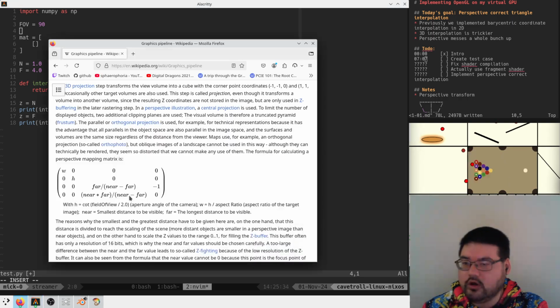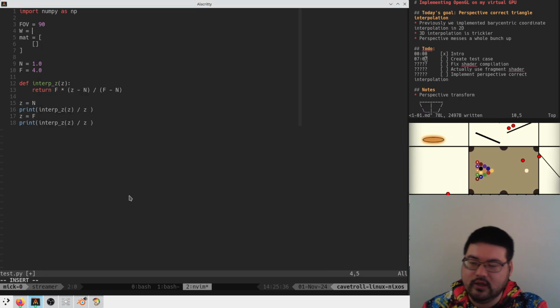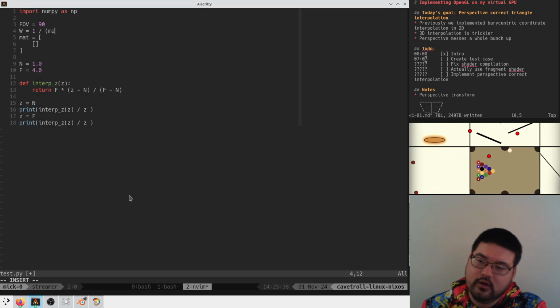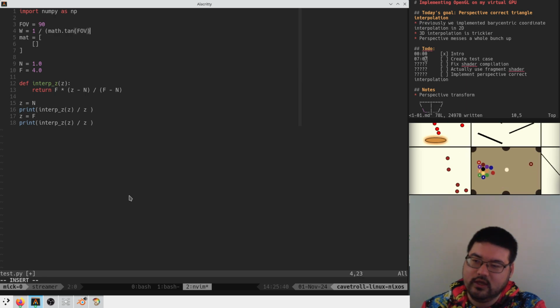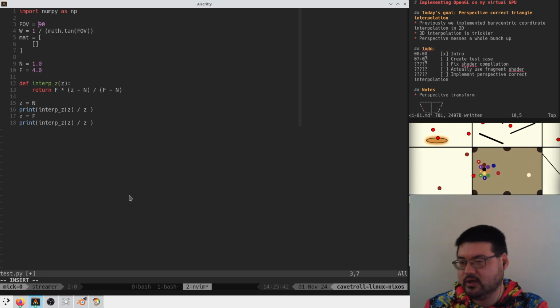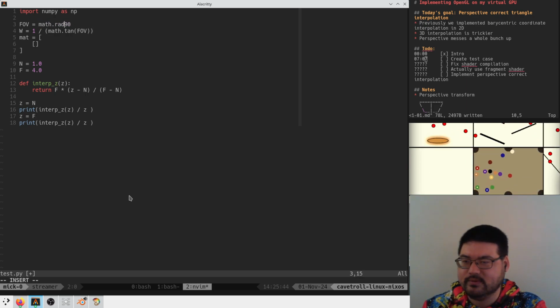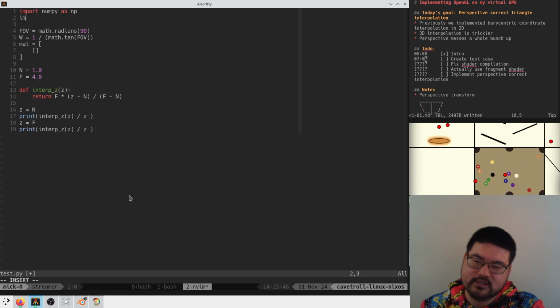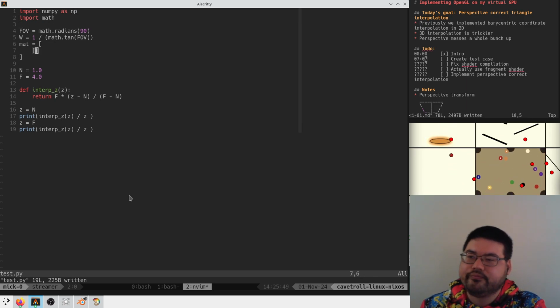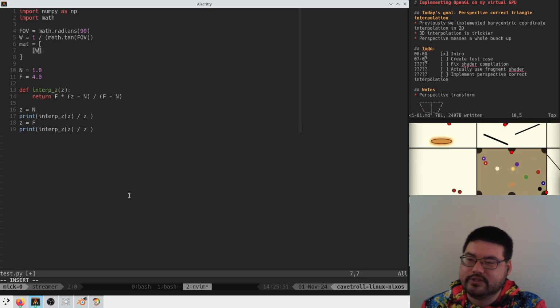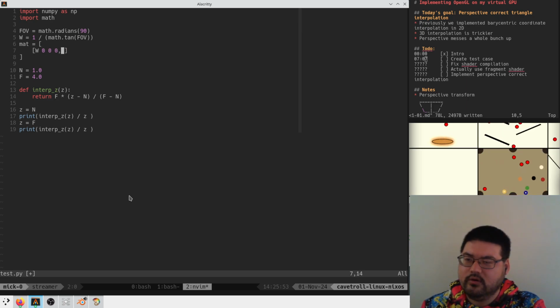And then in here, we'll do something like, let's see. We'll call W 1 over math tan of fov, except this has to be in degrees, probably. Or radians, I mean. So I think it's probably like this. We'll call this W, 0, 0, 0.